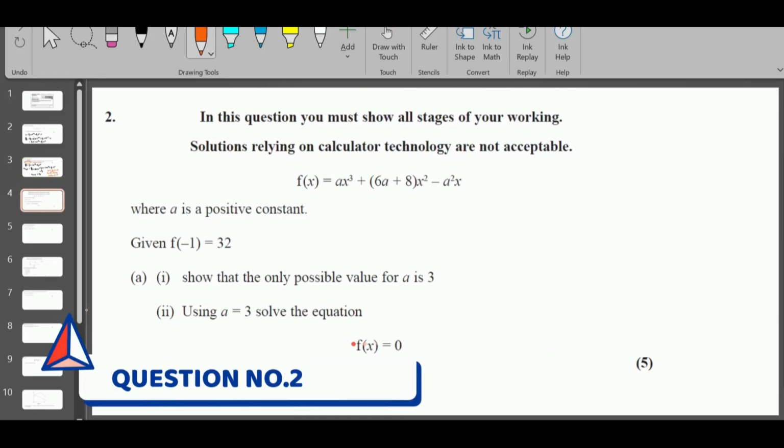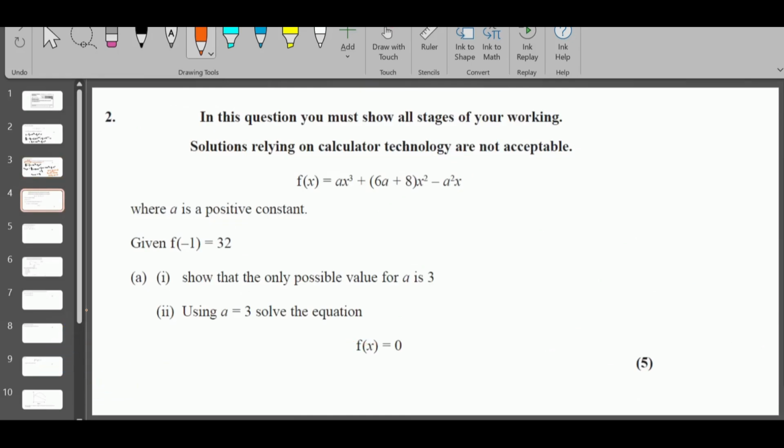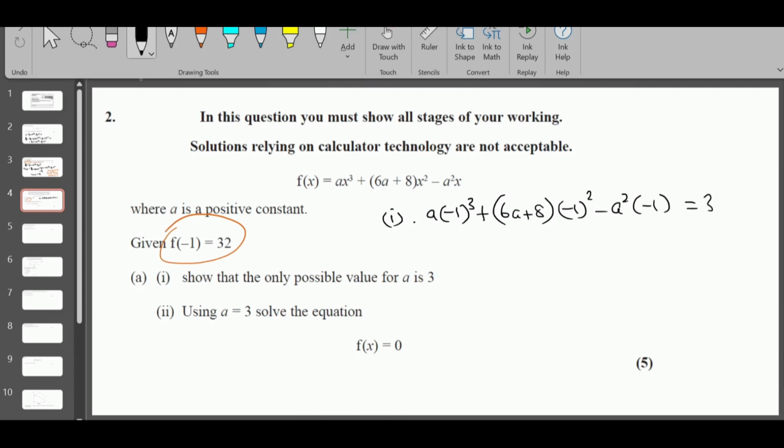Question number 2. I: show that the only possible value of a is 3, but there is a condition given, f of minus 1 is 32. So substitute, replace x by minus 1 here. So a times minus 1 cubed plus 6a plus 8 times minus 1 squared minus a squared times minus 1 is equal to 32. It's going to be minus a plus 6a plus 8, because minus 1 whole squared is positive 1, this becomes positive a squared, is 32.